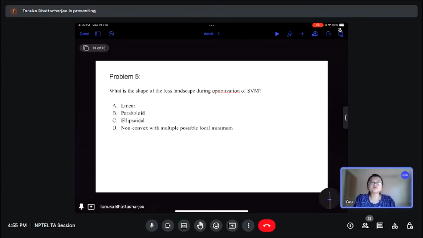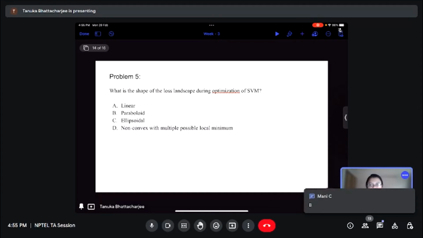We want to maximize the margin between the two classes, and our loss function is based on that idea. So using that concept, the question says, what is the shape of the loss landscape during optimization of SVM? Is it linear, paraboloid, ellipsoidal, or non-convex?